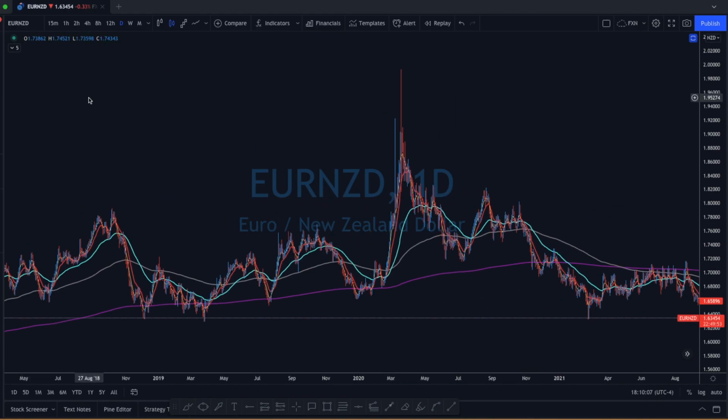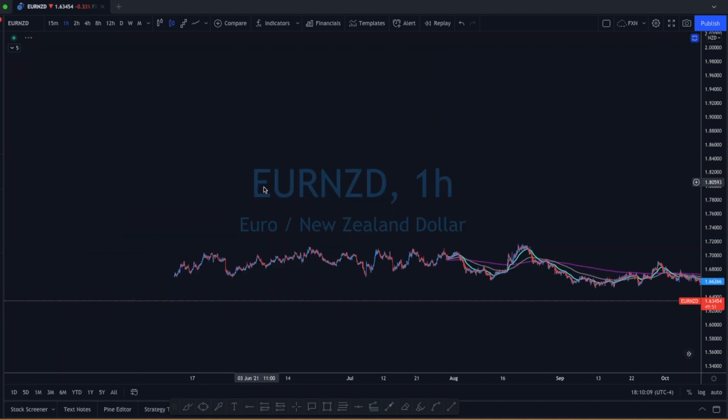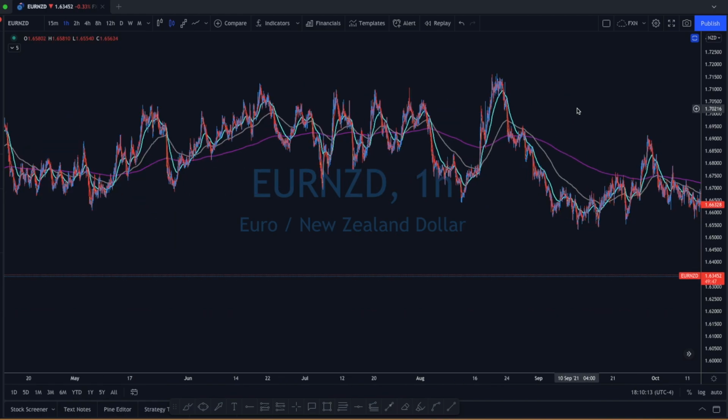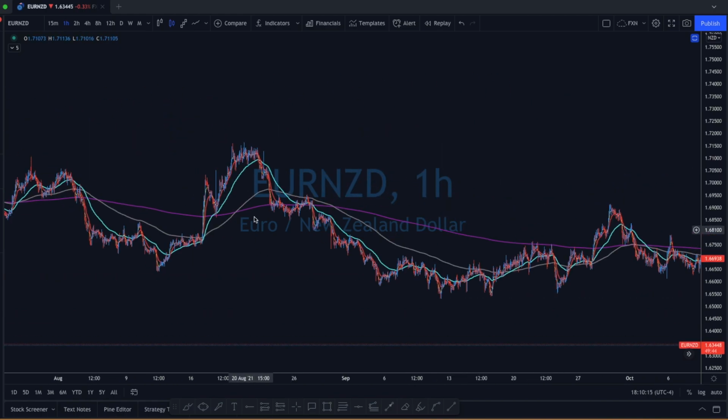So this 200 EMA is home base. Anytime price action gets too far away from home base, it will go back to it to reset. That's why you will see price action have resets. The market maker cycle will reset at the 200 EMA.